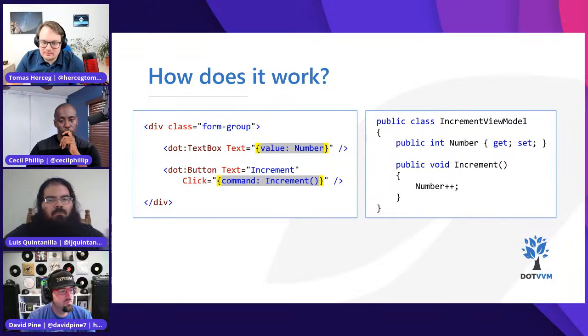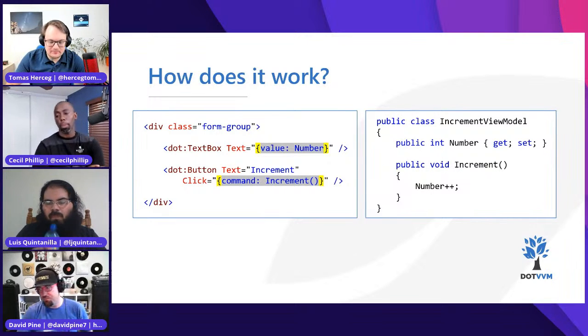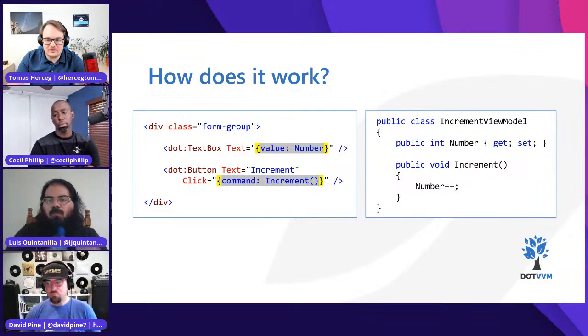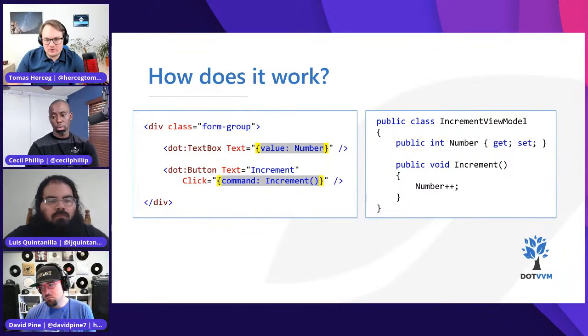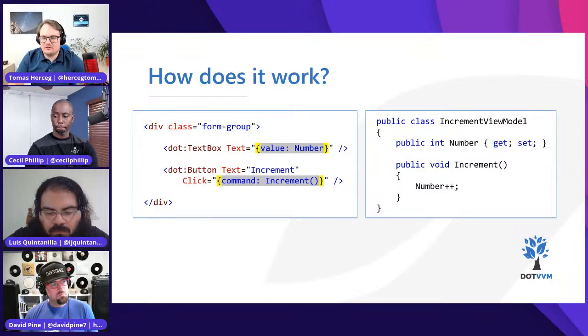I think that the biggest thing for me is the MVVM approach, because when I'm working on projects for my customers in my company, we are building a lot of line of business applications where users are inputting a lot of data.